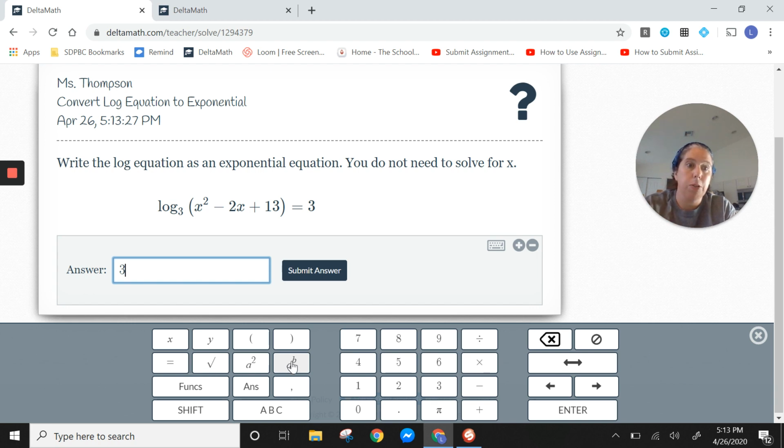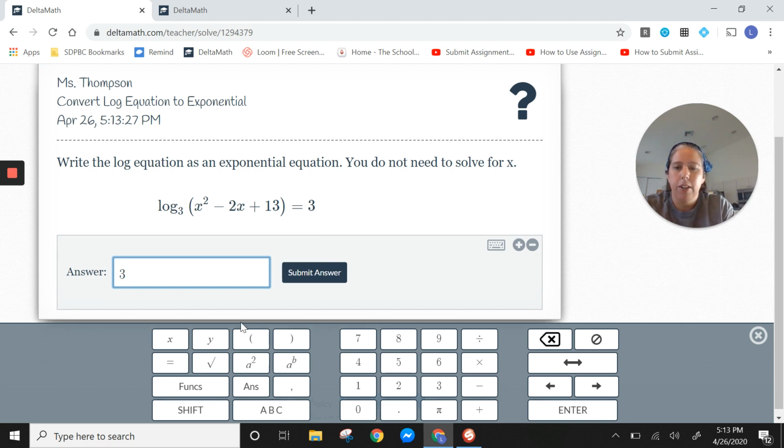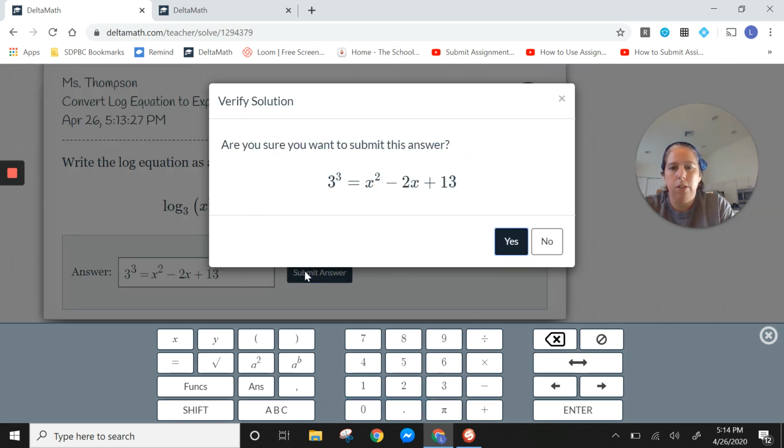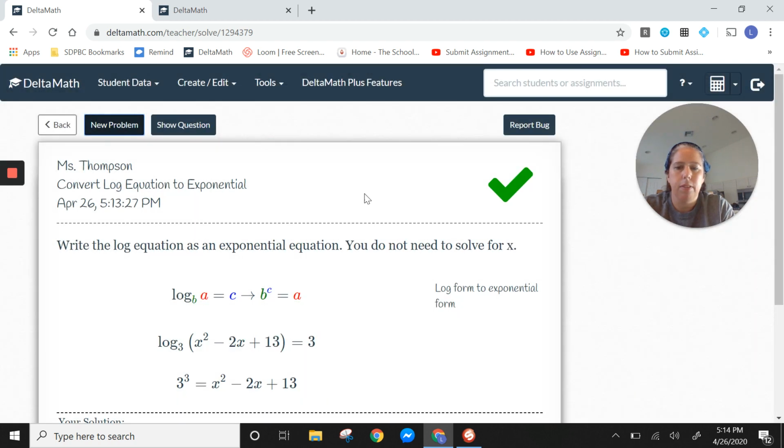To the third power, shift over, equals, and then it would be x squared, shift over, minus 2x plus 13. Submit your answer, and it would be right.